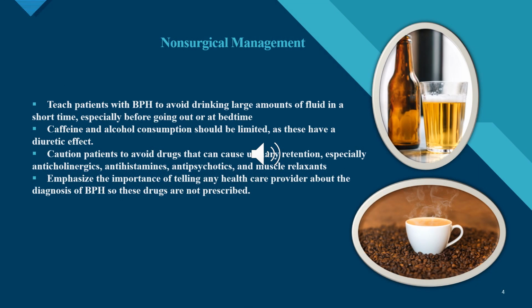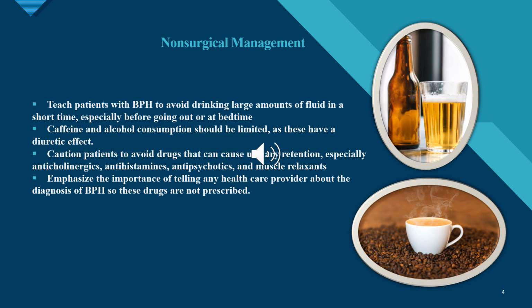This slide is pretty much self-explanatory. We have to educate the patient diagnosed with BPH to avoid drinking large amounts of fluids in a short period of time, especially when they are going out or at bedtime. Reduce the amount of caffeine and alcohol.